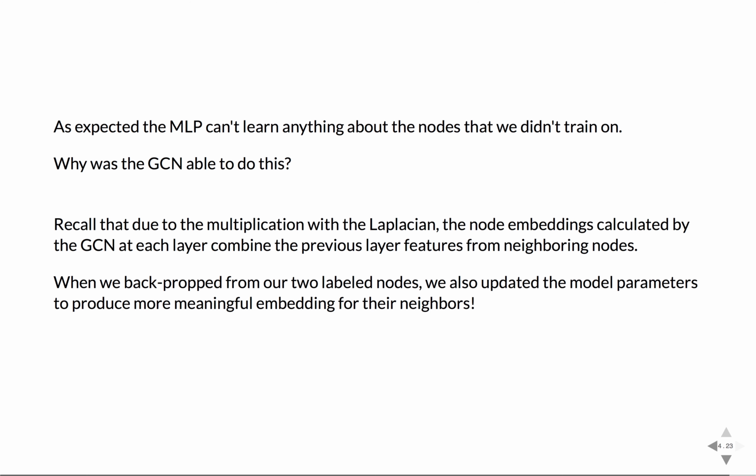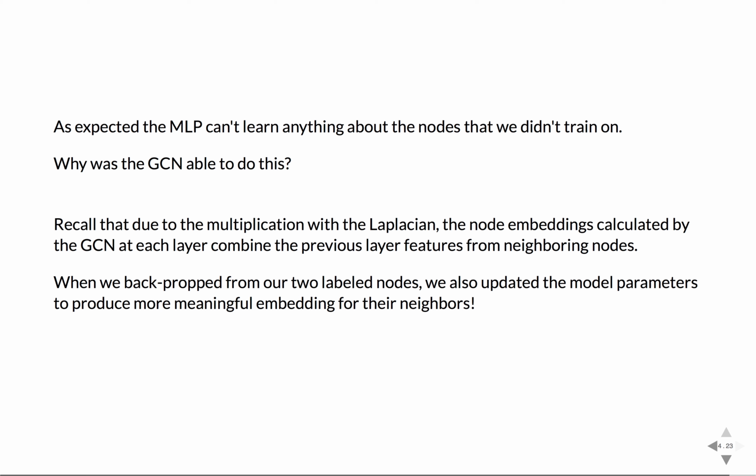Even if you think about the embeddings that were generated for the two nodes whose labels we used to calculate the loss, we forced their embedding to be dependent on their neighbors because we used the Laplacian to combine features.